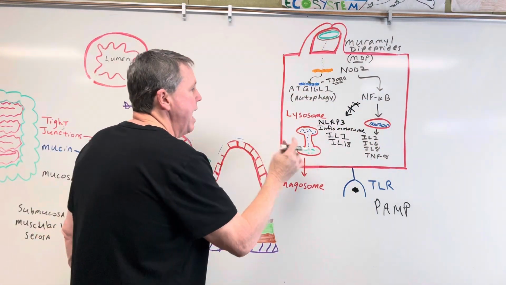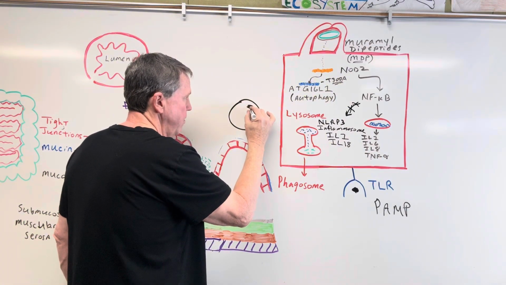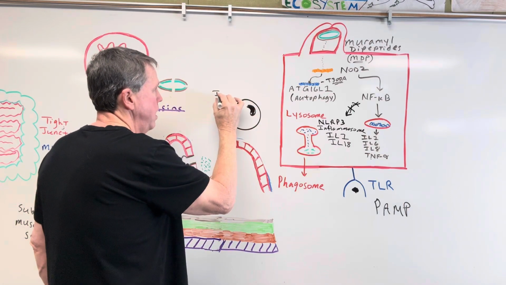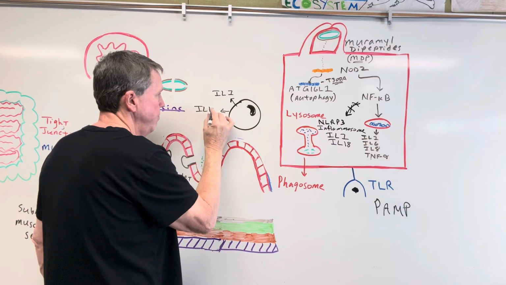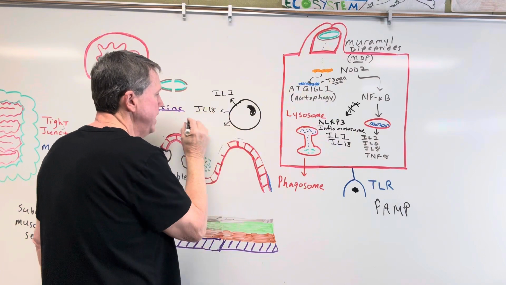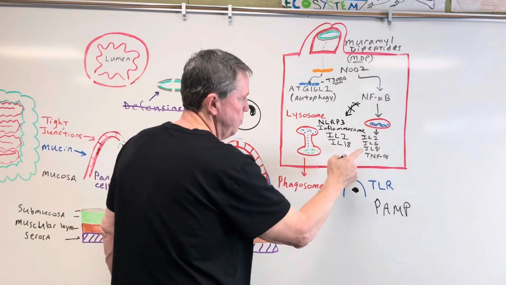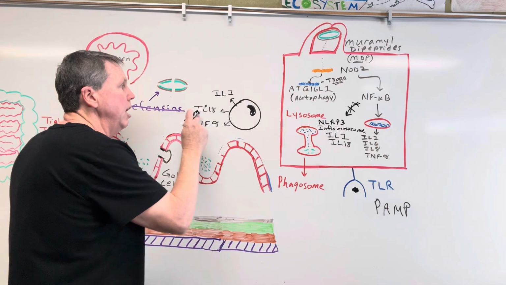So let's say we have a macrophage now. Here's my macrophage, and it is releasing this interleukin-1. It's also releasing this interleukin-18, and it's also going to release tumor necrotic factor alpha, like you saw was being released here when the NFKB was working.